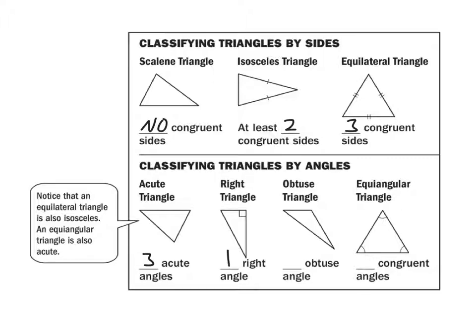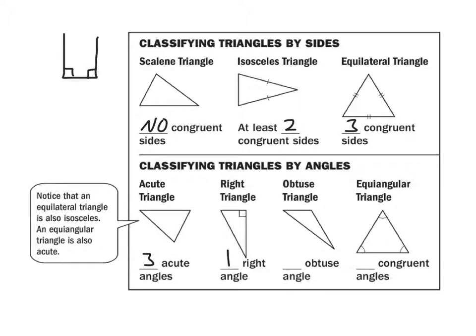There is no way for it to have more than 1, because if I'm trying to make a triangle that has a right angle in it, I have 2 of my sides that make the right angle, and I would have to put my 3rd side here to make it a triangle. Well, if I have a second right angle in it, there's no way for me to make that a triangle. I can't bend that to make it a triangle. So no, you can't have more than 1 right angle.